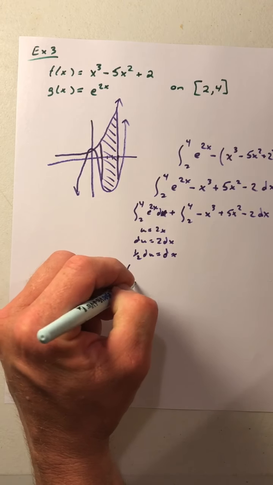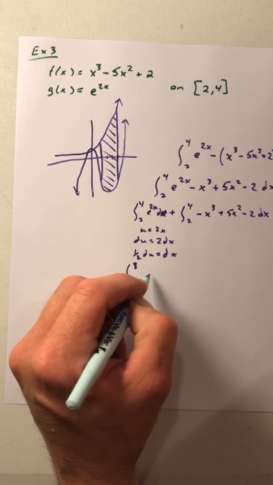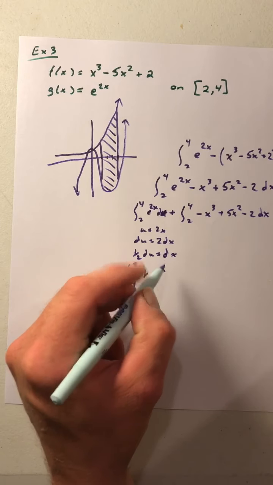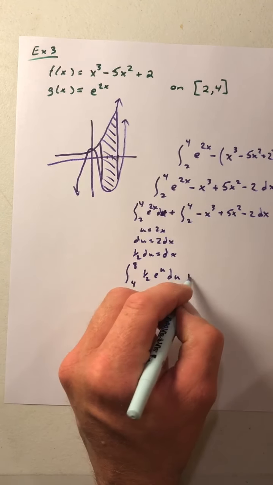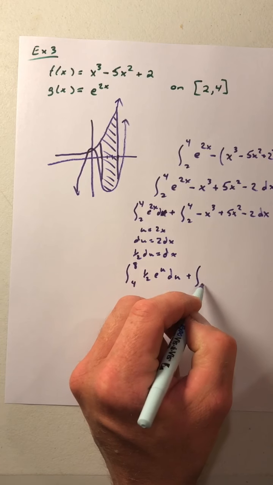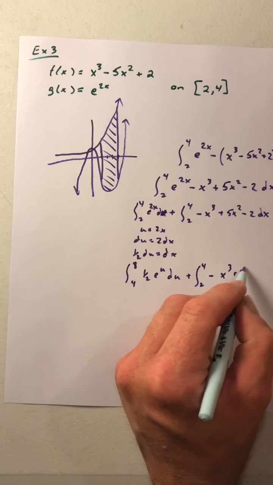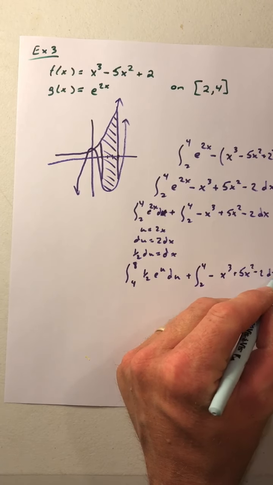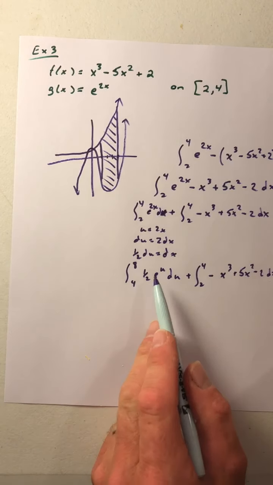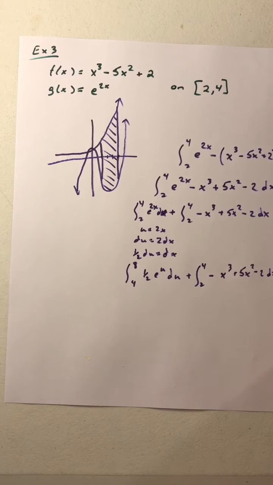Now I'm going to go from 4 to 8 of 1/2 e to the u du, plus, and I'm just going to drop this integration down, 2 to 4 of negative x to the third plus 5x squared minus 2 dx.